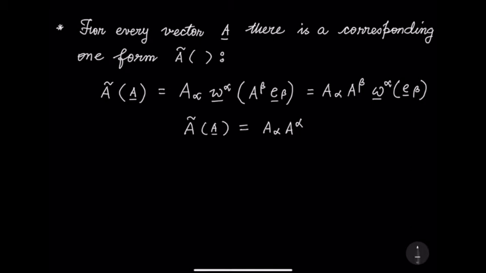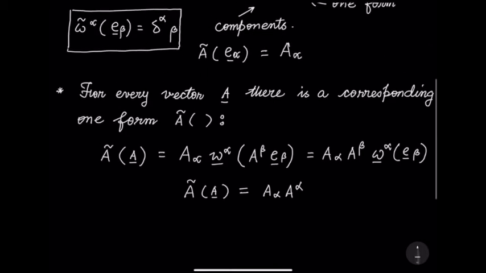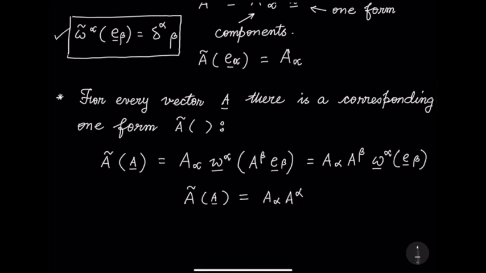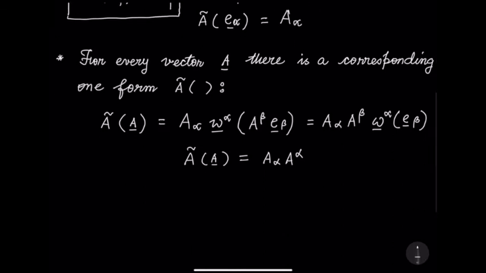Remember, because this quantity, the one form basis w^alpha acting on e_beta that we have written here, is delta alpha beta. So if I work this out, this is A_alpha A^beta, and then I have a delta alpha beta.